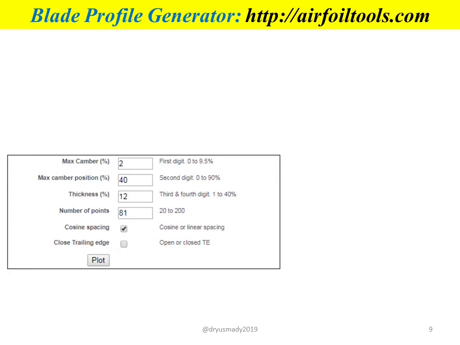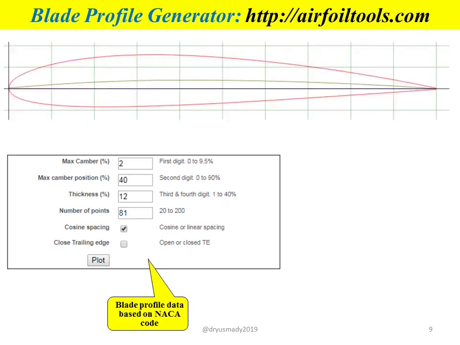You can just type in the values, for example the maximum camber percentage, the maximum camber position percentage, the blade thickness percentage, and also the number of points, based on your Nakka code and so on. So the website will generate the blade profile for you based on the data that you key in in the text box.